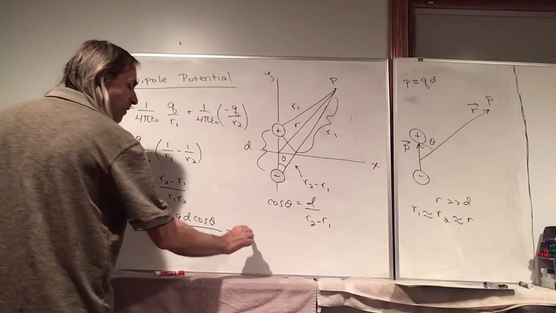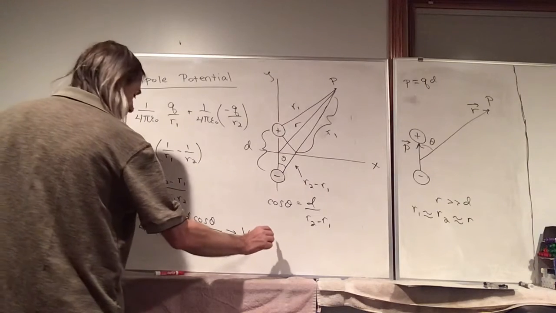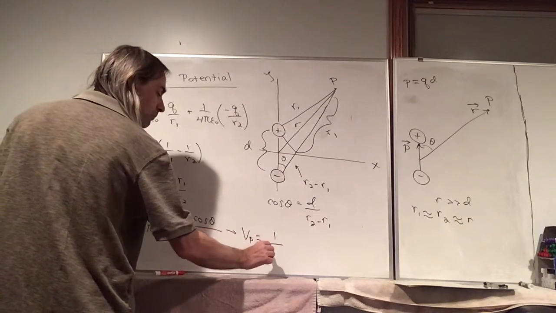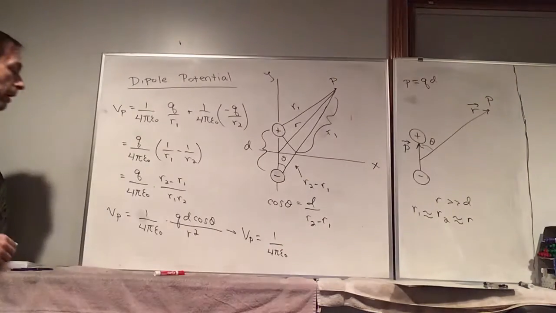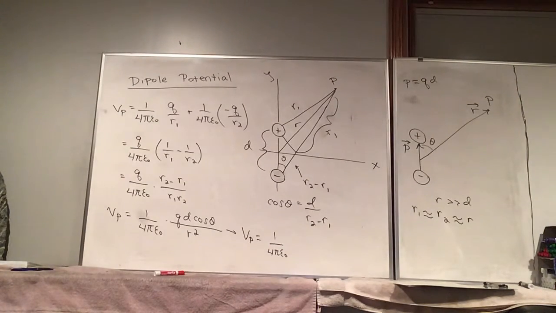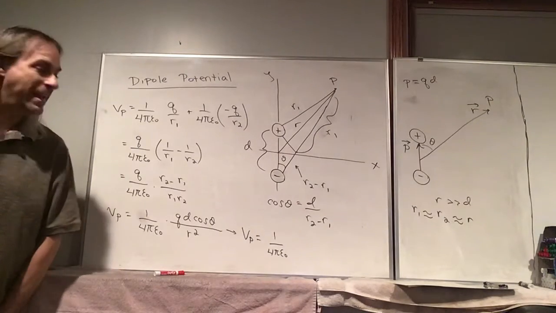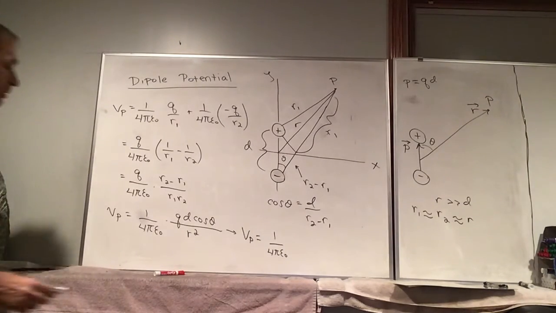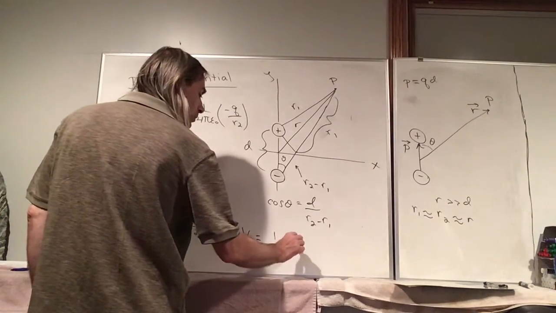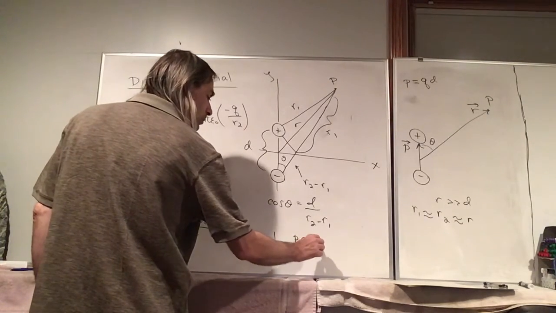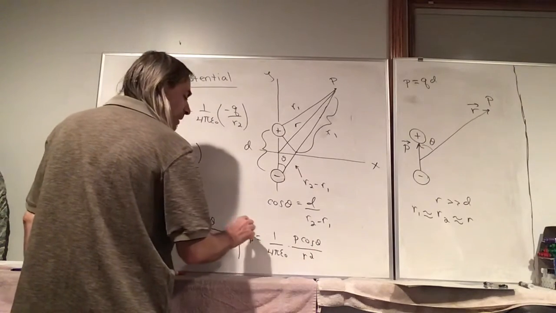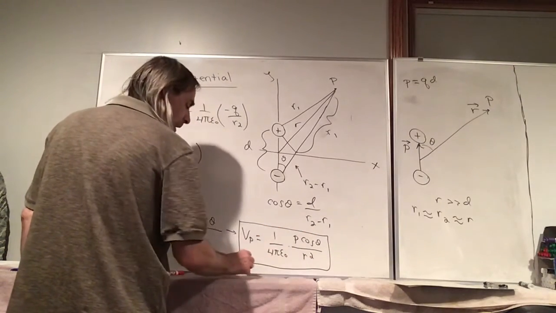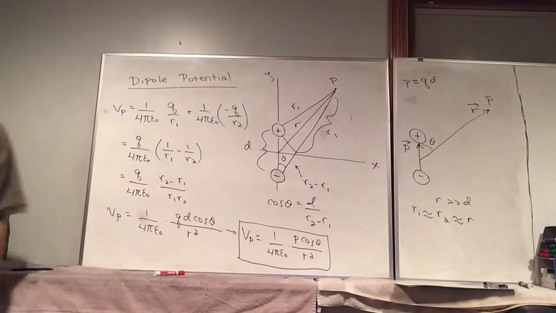So we can write our final result as p cosine theta divided by r squared. This is the potential at some point near a dipole.